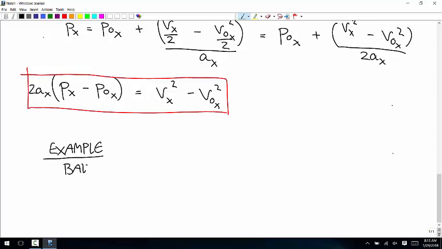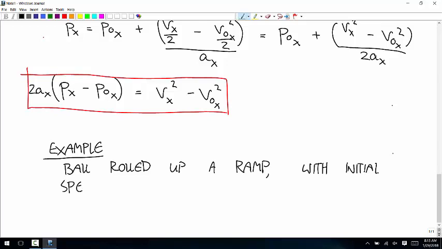So let's say a ball is rolled up a ramp with an initial speed of v0.